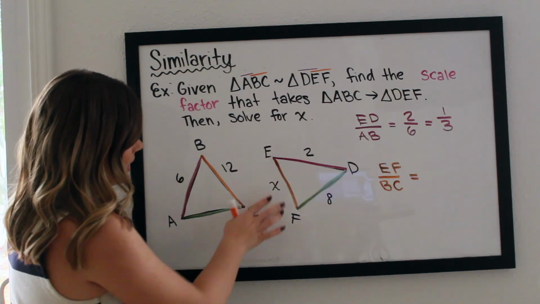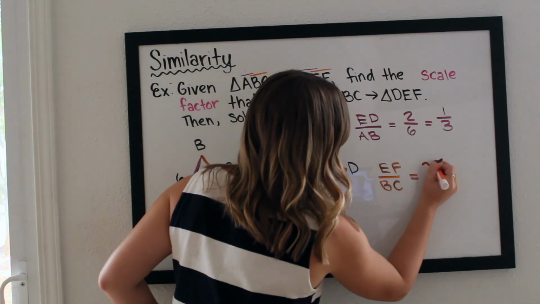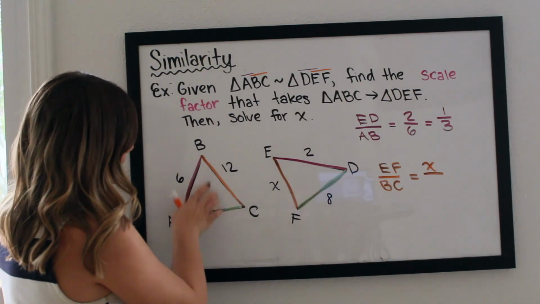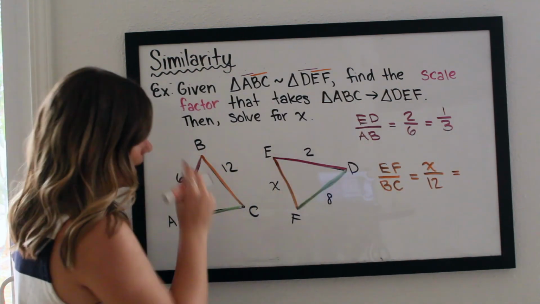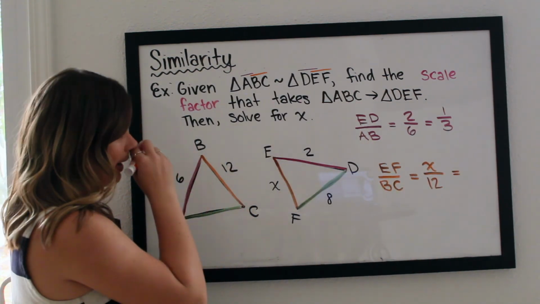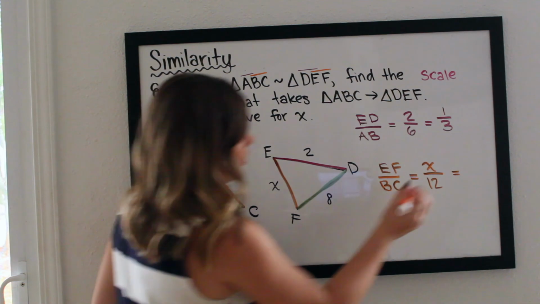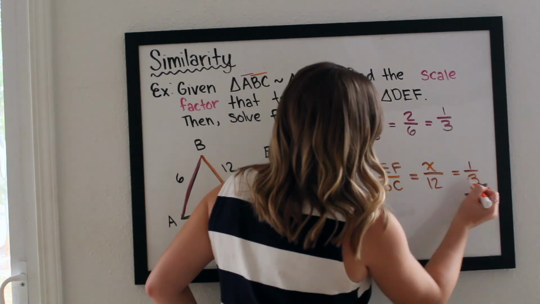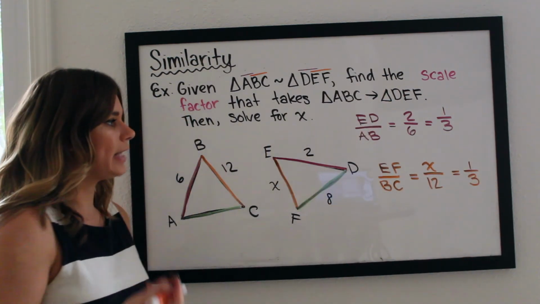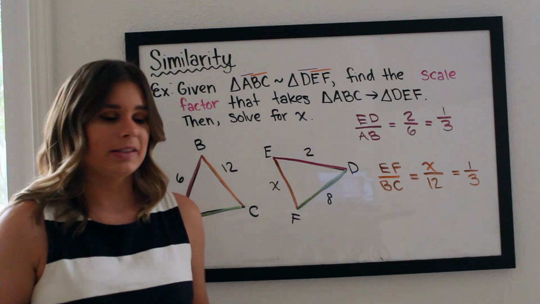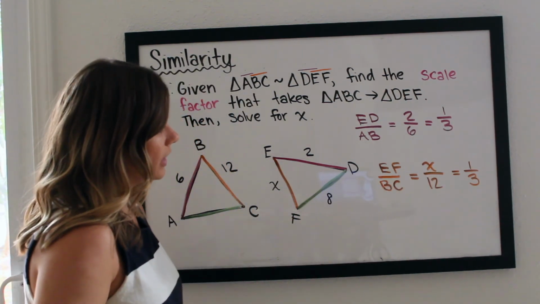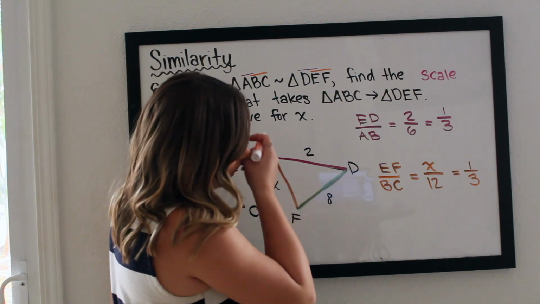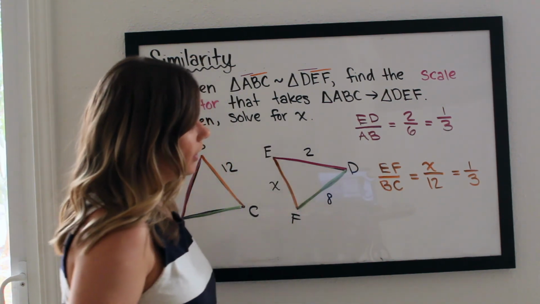Okay, EF is x, BC is 12, and they have the same scale factor that takes one to the other, so that should equal 1/3. This is called setting up proportions that are equal to each other to solve for a variable. So I have x over 12 equals 1/3.